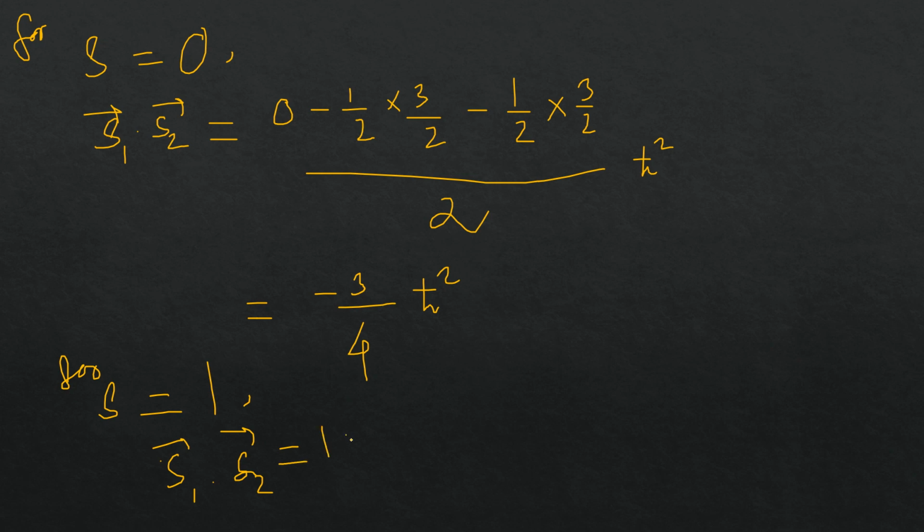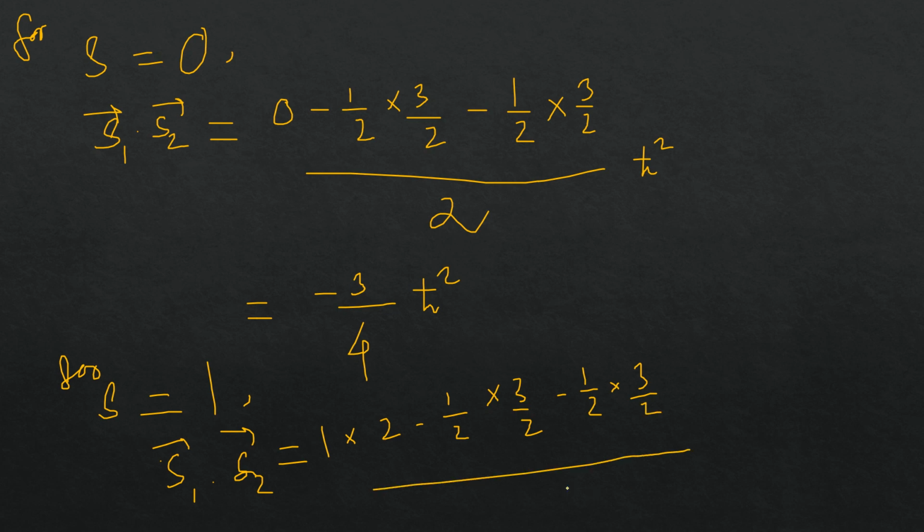So 1 into 1 plus 1, that is 1 into 2, minus half into 3 by 2, minus half into 3 by 2, whole divided by 2, h cut square. So this becomes 2 minus 3 by 4, 3 by 4, 2 minus 3 by 2, that is 1 by 2, divided by 2, that is 1 by 4 h cut square. This one you calculate yourself, you don't need to calculate it again.